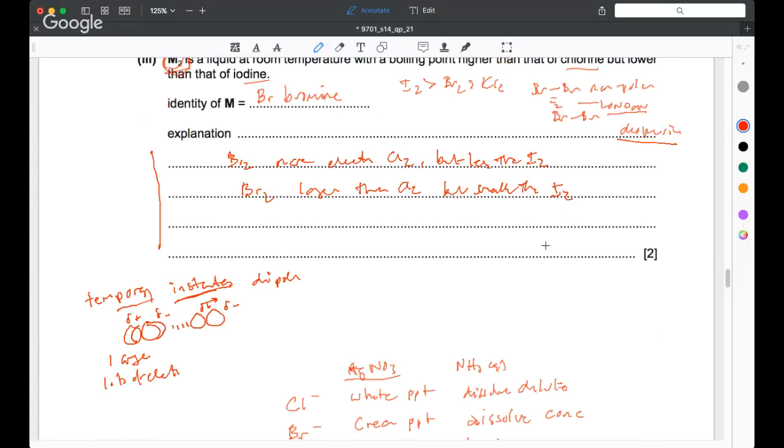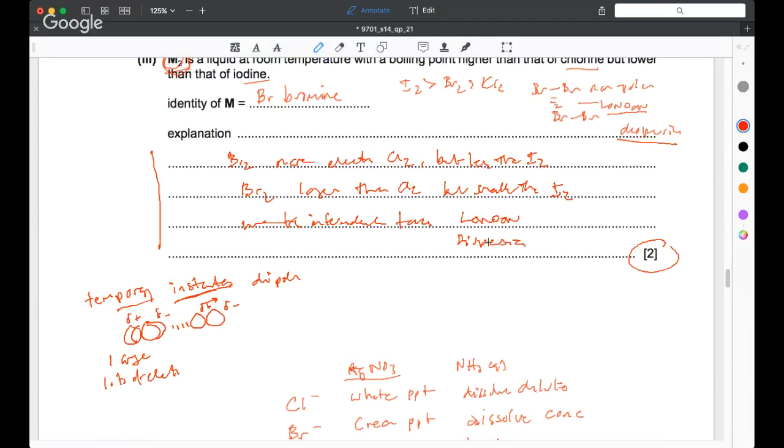So that's where you're getting your 2 marks there for these weak intermolecular forces, which are technically either called London forces, they're both exactly the same, or dispersion forces.